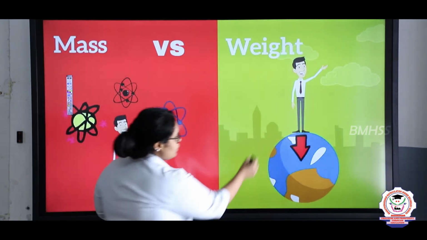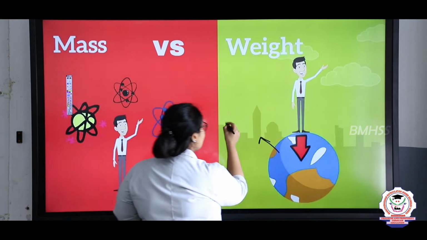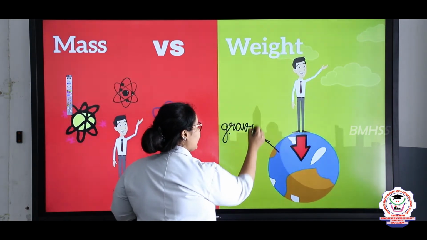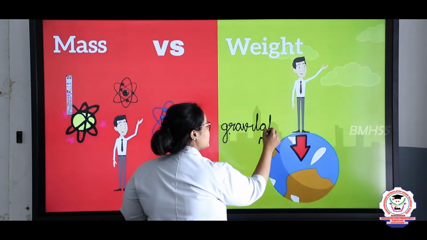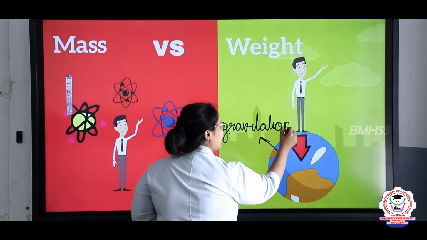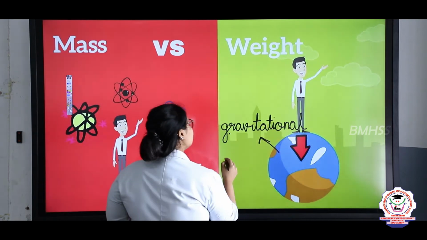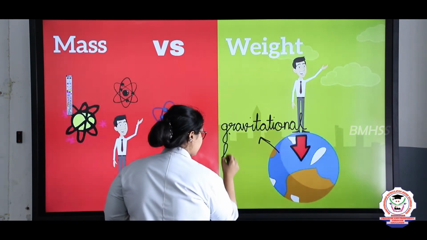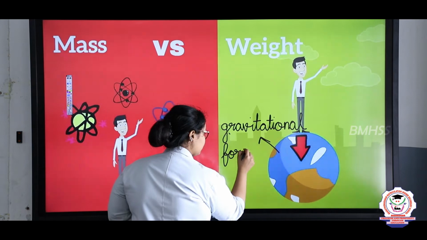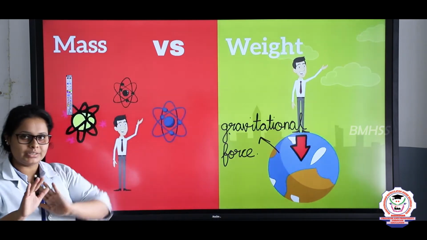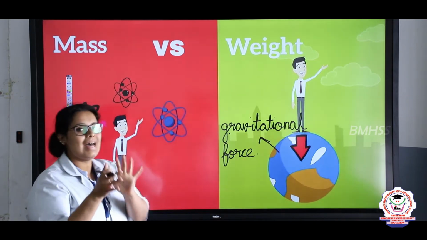Here the force is gravitational, G-R-A-V-I-T-A-T-I-O-N-A-L, gravitational force, right? So here you have understood the difference between mass and weight.